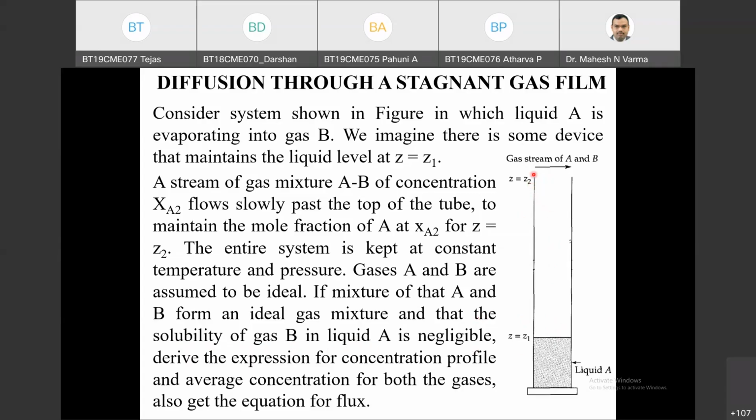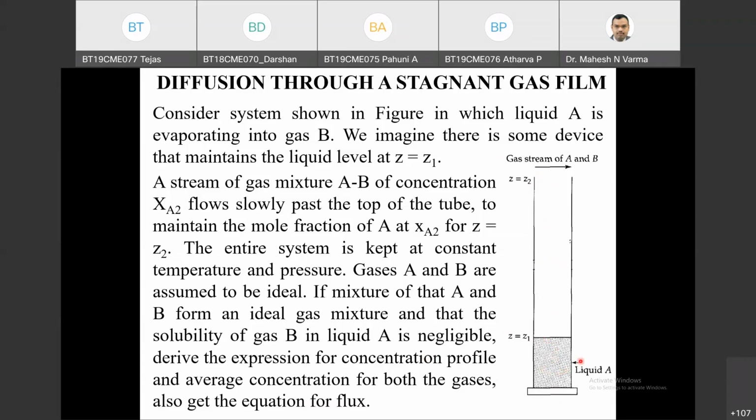So initially B will move here and this concentration profile is set, but after this there is no movement of B. For a steady state problem, A cannot come in here if B is not soluble in A. If the solubility of B is negligible, B will be here initially.